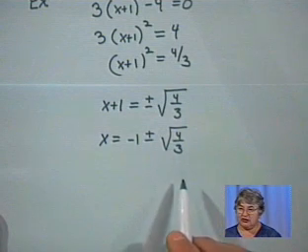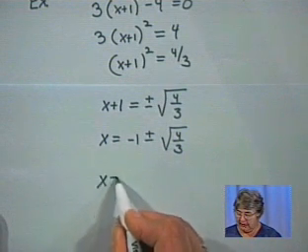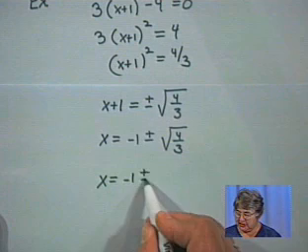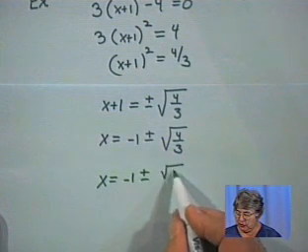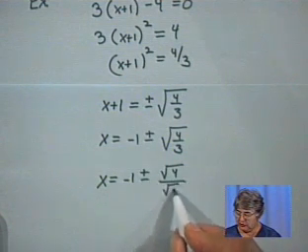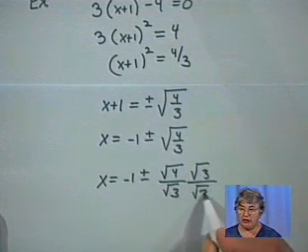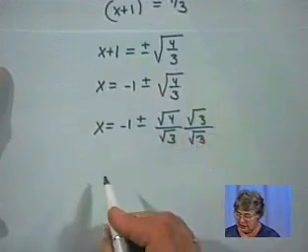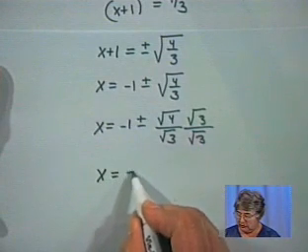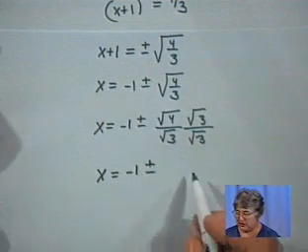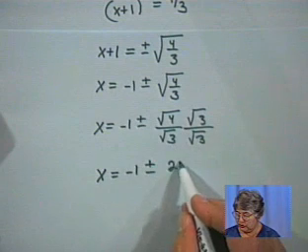And so let's go ahead and do it. So we have x equals minus 1 plus or minus the square root of 4 divided by the square root of 3. To rationalize that, we'll multiply by the square root of 3 over the square root of 3. And so finally we end up with x being equal to minus 1 plus or minus the square root of 4, which is 2.